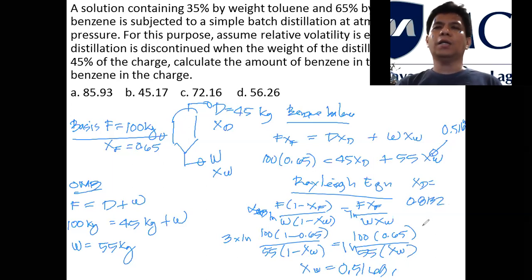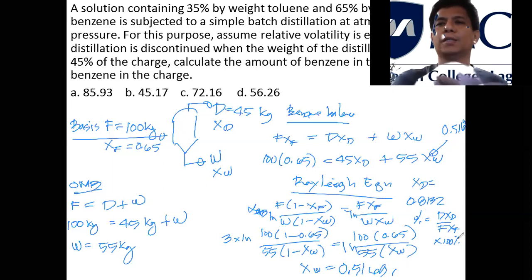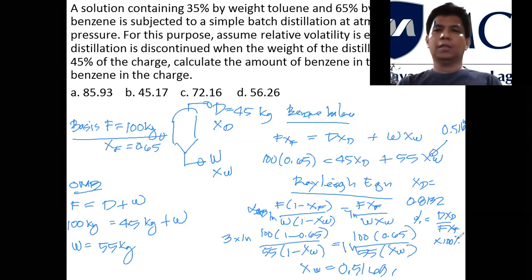And then to calculate the percentage of benzene in the distillate, that's basically DXD divided by FXF, times 100%. So using your calculator, D is 100 times XD, 0.8132, all over FXF. F is 100, sorry.